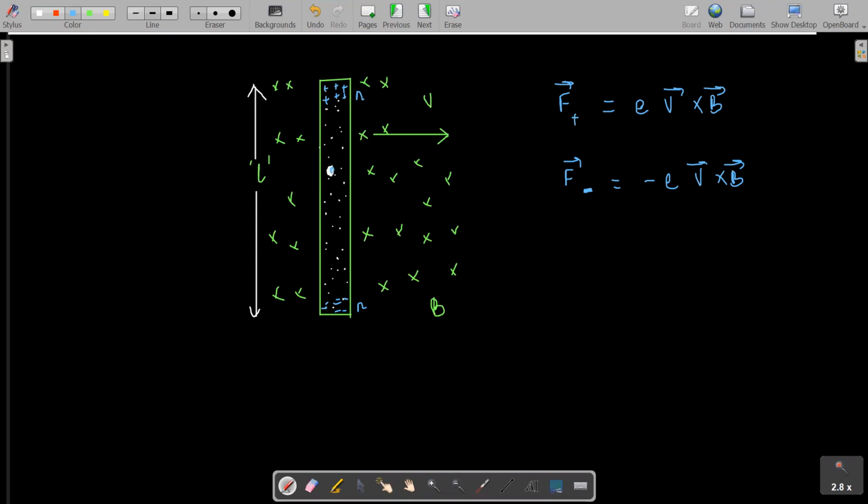Can we say the force on this charge will be, let us say I am considering a particle of charge e, what will be the force on this charge in this direction, and in this direction also there will be a force on the charges, right? Because if this charge is positive, it will be repelled by the positive and attracted by the negative, so the force will be in this direction. And if this is a negative charge, the force will be in this direction.